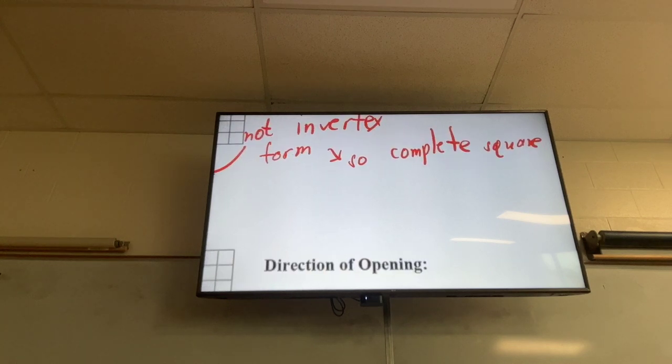Complete the square. The way you do that, make sure your lead coefficient is 1.